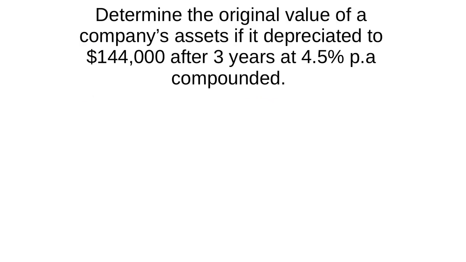Another example: determine the original value of a company's assets if it depreciated to 144,000 after 3 years at 4.5% per annum compounded. So in here, we are being asked of the original value, which is actually the principal. So in this case, principal is not given. We're going to determine that.